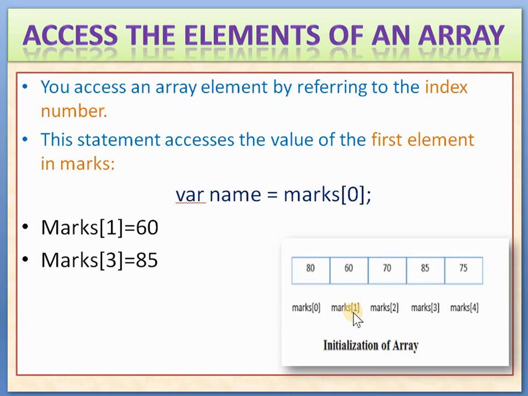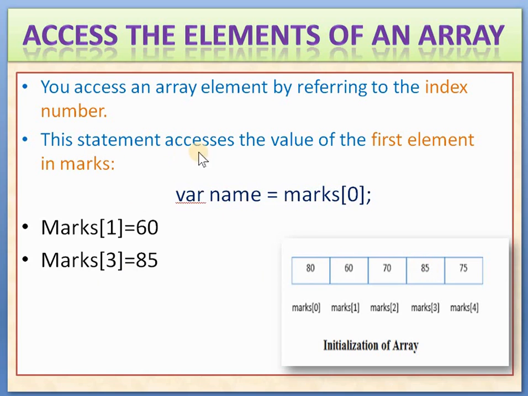Then marks[1] is index 1, marks[2] is index 2, then index 3, index 4. This is the index value. So here marks is the array name, then index value 1. What is the value there? The data is 60. What is the value of index 3? 385. This is the index.